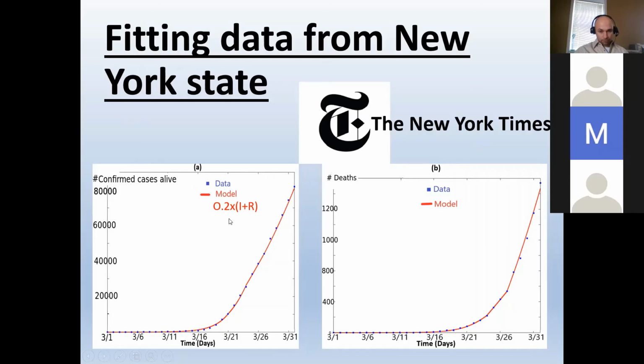And so we just take the data from the New York Times, but you can use another database if you want. But it is known, there are some studies, that some people had COVID but were not confirmed cases.